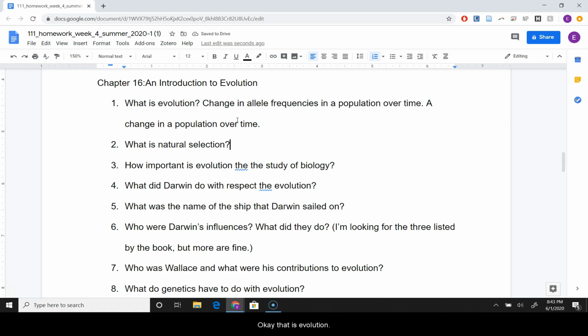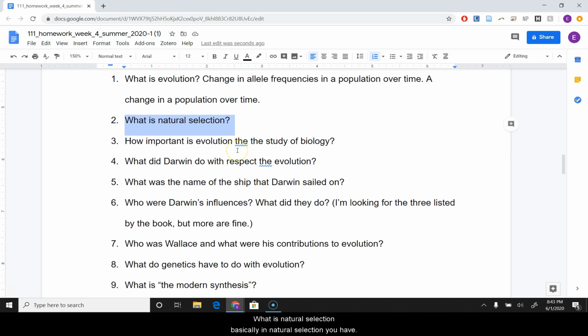Okay, that is evolution. You should know it's a change, and you should know that it happens at the population level. This is sort of a microevolutionary definition, but it happens at the population level always. It's not an individual thing, it's not a community thing, it's not a biome thing. It happens at the population level.